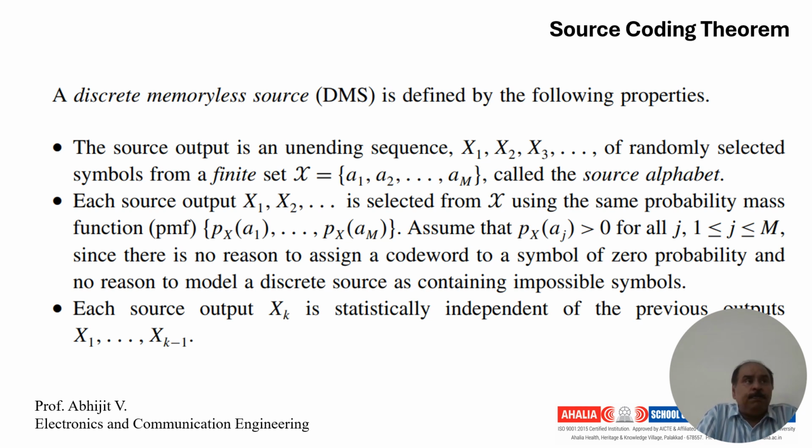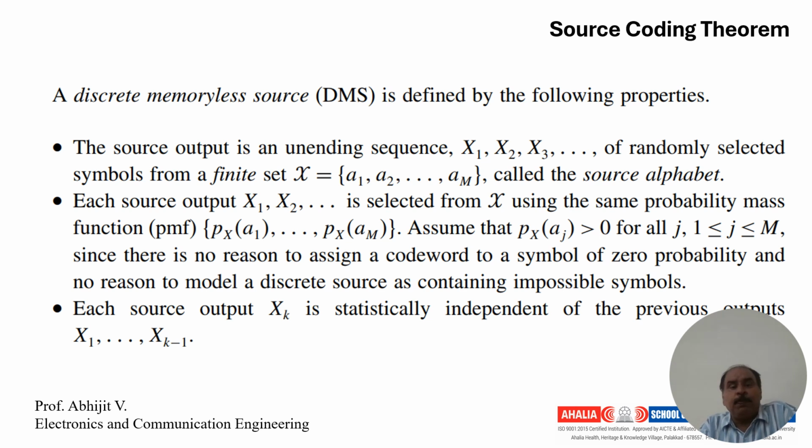Each source output x1, x2 is selected from X using the same probability mass function because it is a discrete function. Am I right? Because you have all discrete digital functions. Probability mass functions with px of a1 to px of am.